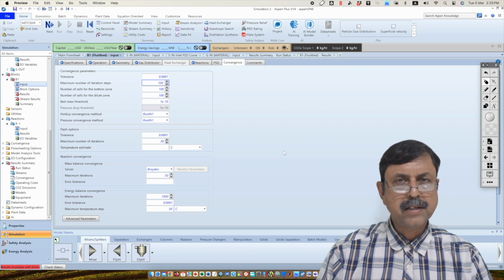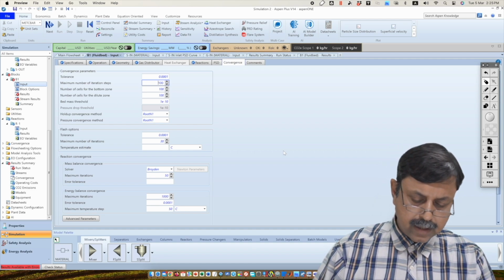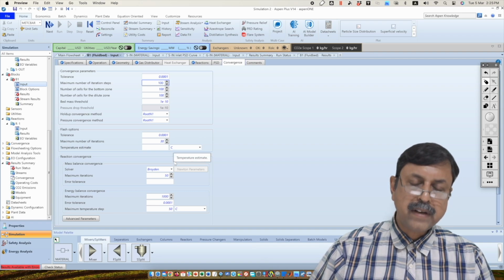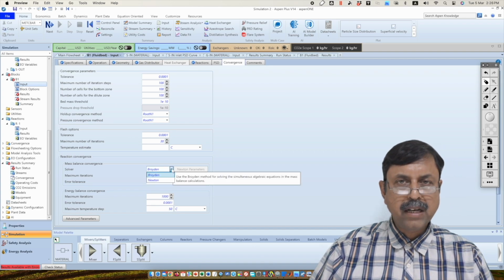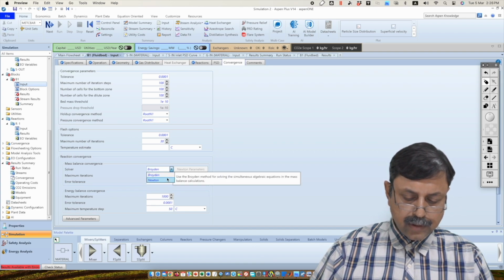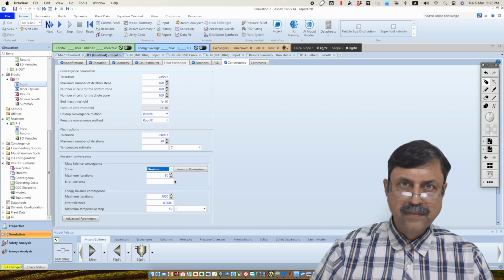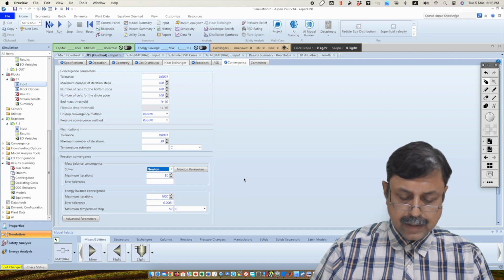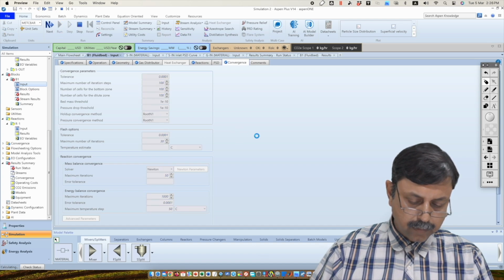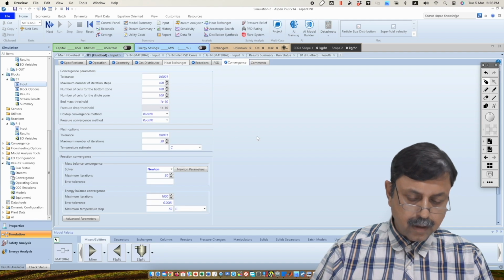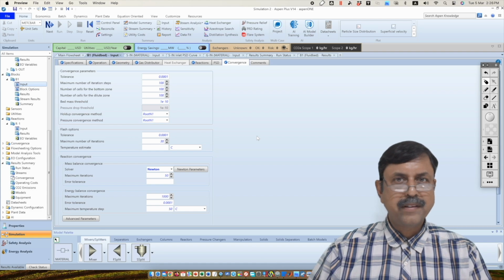Or increase the maximum iterations from 50 to something higher. Or you can use a different solver. Here, Broyden has been used by default, but we can use Newton also. Let us try Newton first. If it doesn't work, then we have to think in some other way. So let us choose Newton and run it once again. That serves the purpose.